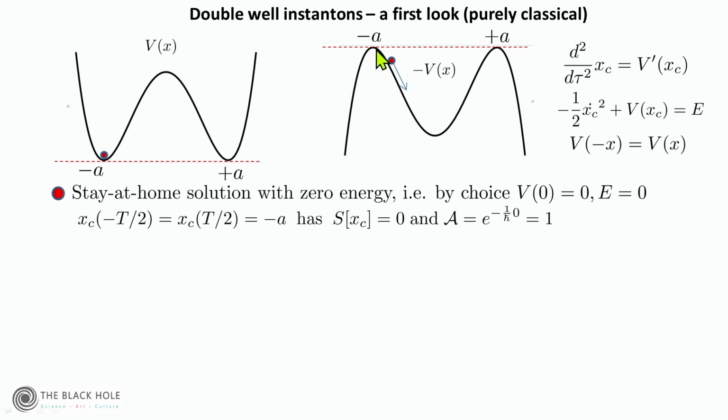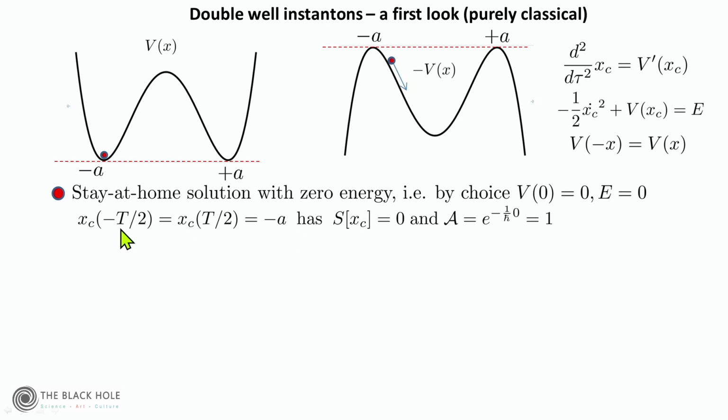One solution is that you place the particle here with zero energy, and the zero of energy is just the top of these two peaks. So the total energy is zero.